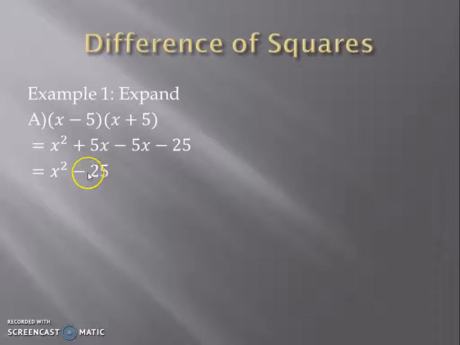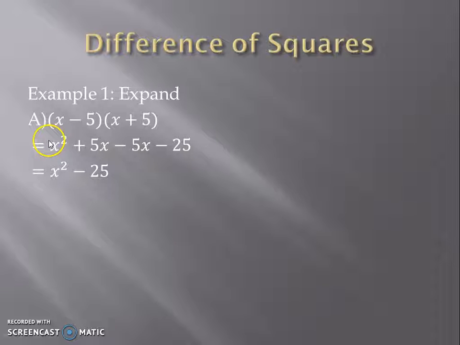You all know where we got those numbers from? x times x equals x squared, x times positive 5 to make 5x, negative 5 times x to make negative 5x, and negative 5 times positive 5 to give you negative 25.